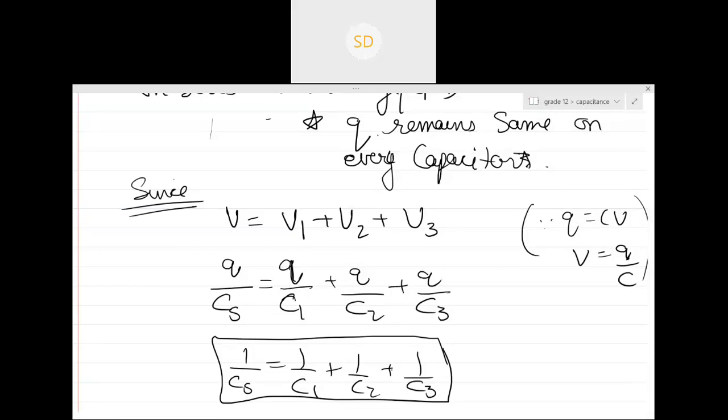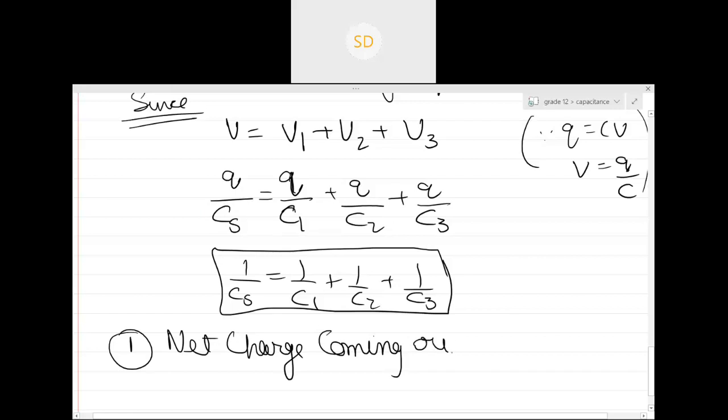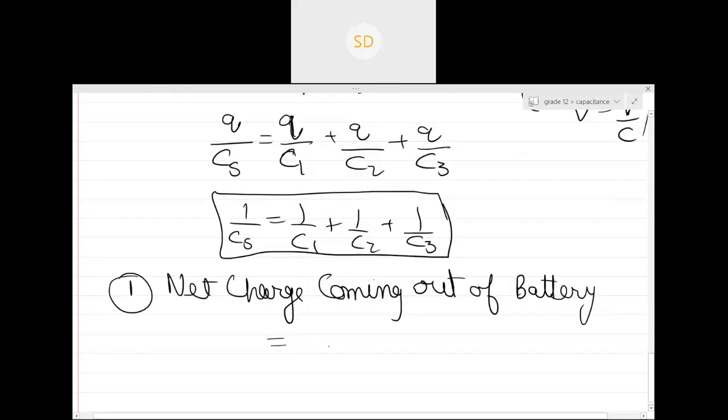Okay. Now, this is the effective capacitance. How do you calculate the net charge coming out of the battery? It will be equal to what?